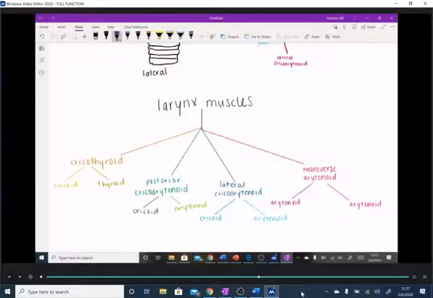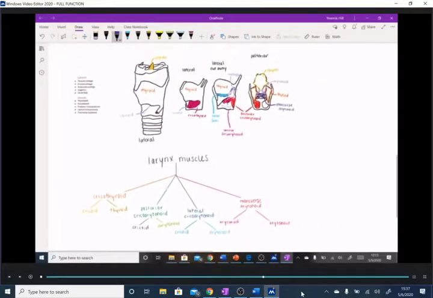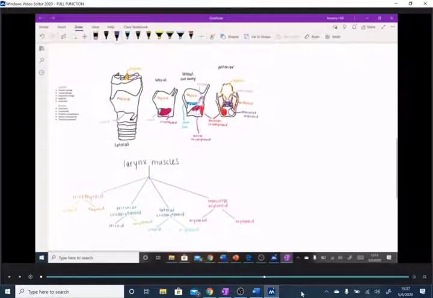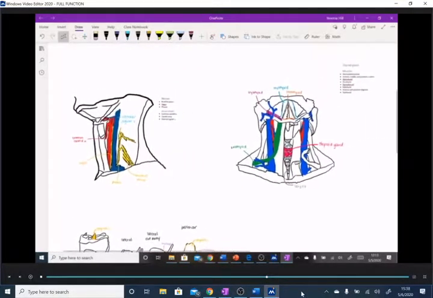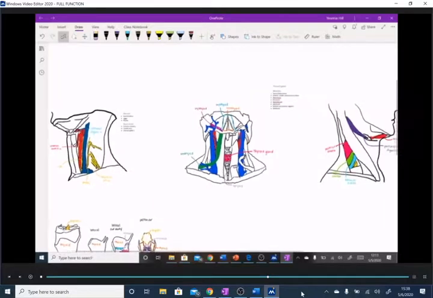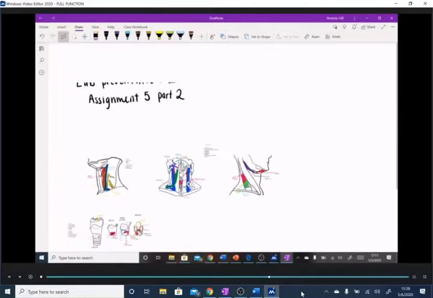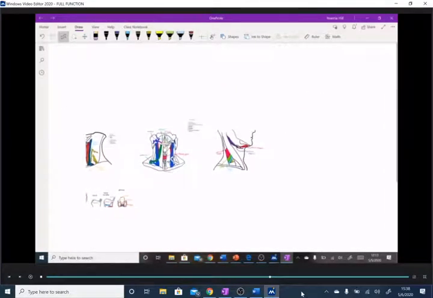And like I said, the transverse arytenoids are transverse just because they attach to the opposite sides of the arytenoids. So we can see that they go ahead and transverse, basically. And those are all of the blood vessels, the innervations and muscles of the neck, and everything you need to know for the larynx.